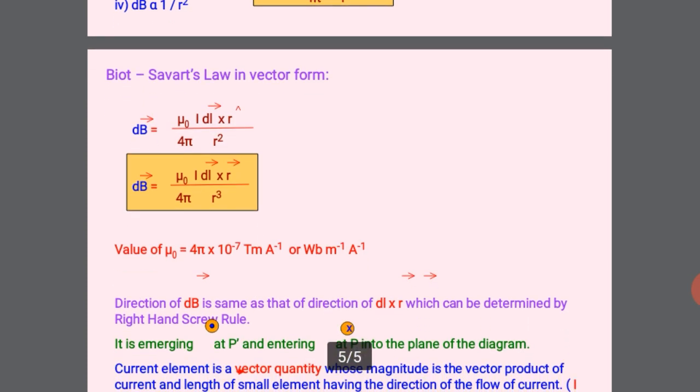In vector form, it can be written as dB equals mu naught upon 4 pi I dl cross r upon r cubed.